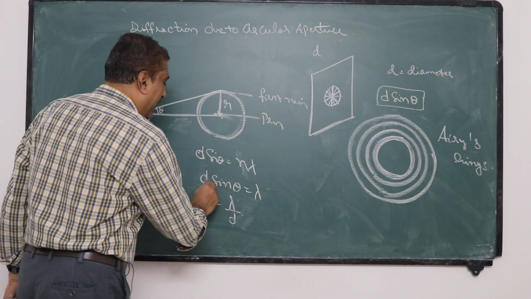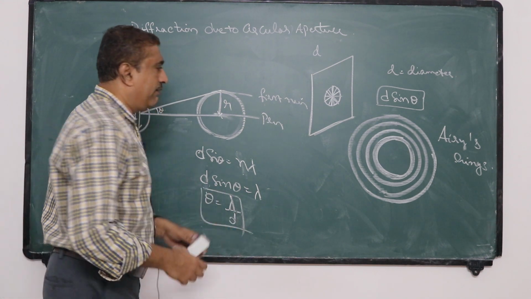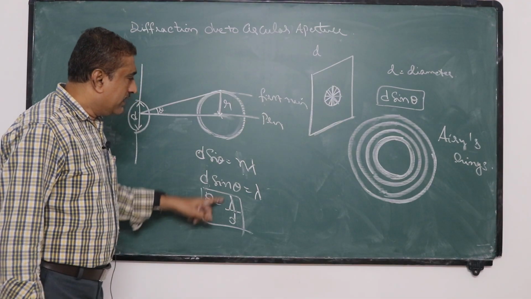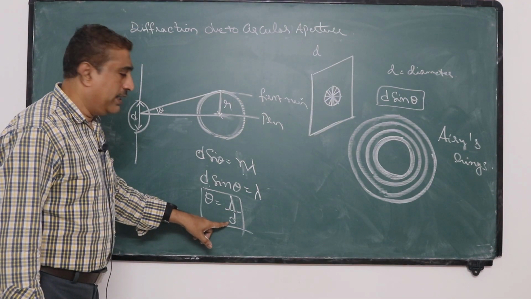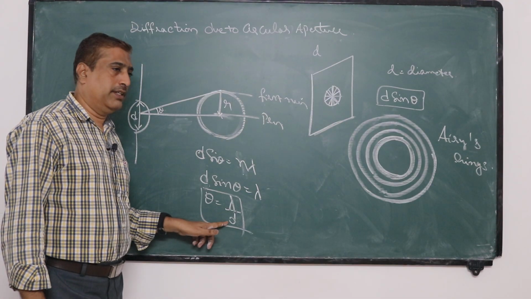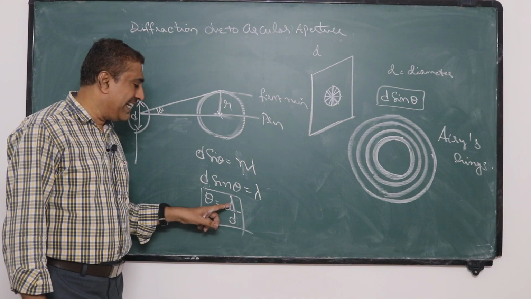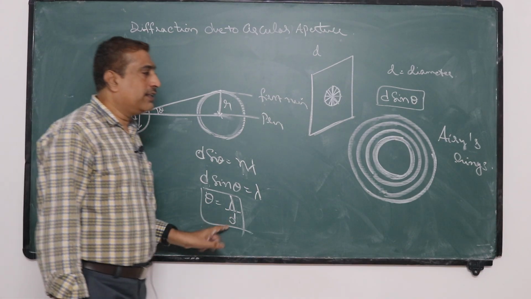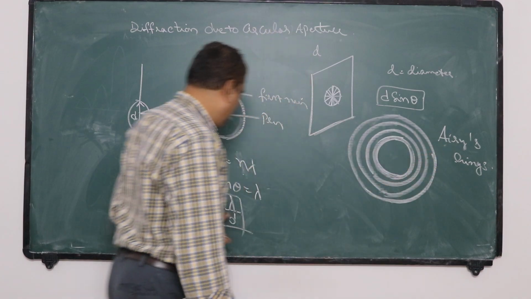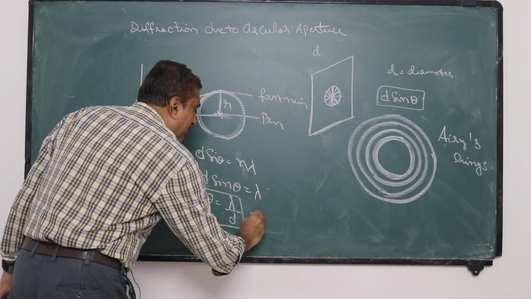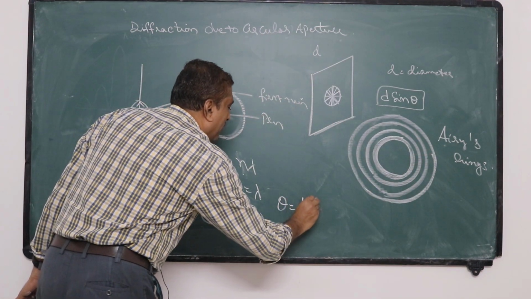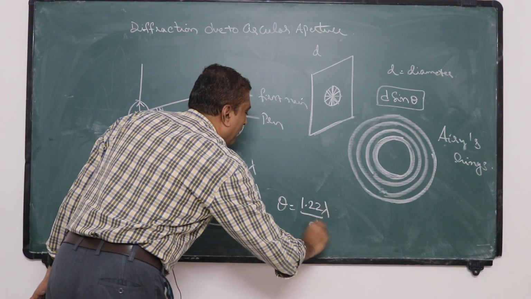But Airy corrected that. Theoretically it is lambda by d, but practically it is observed that this angle is not exactly equal to lambda by d. That's why Airy made a correction to this equation as theta is equal to 1.22 lambda by d.